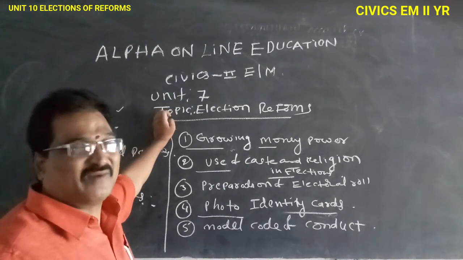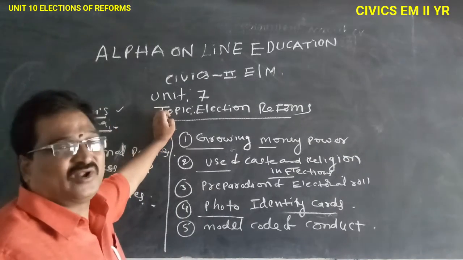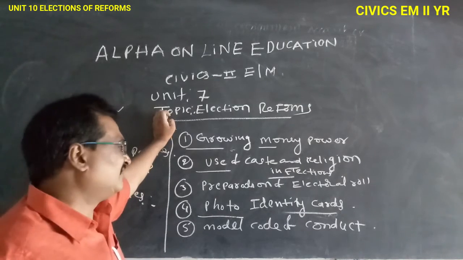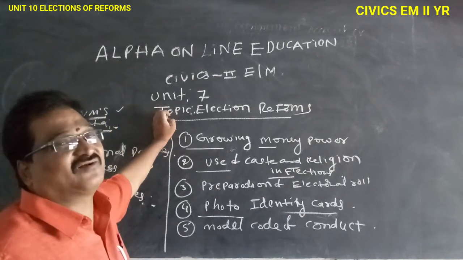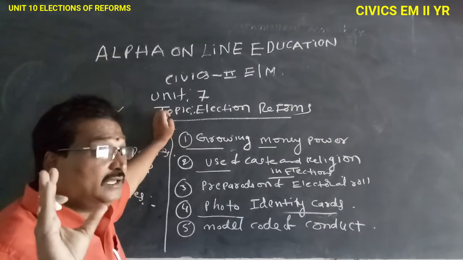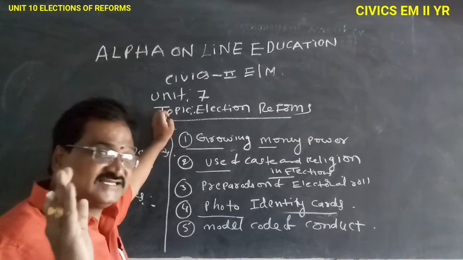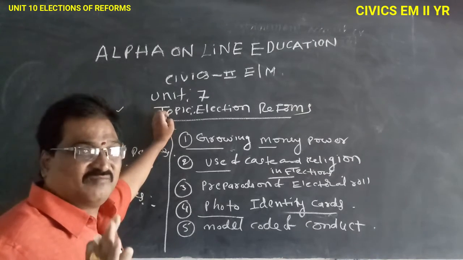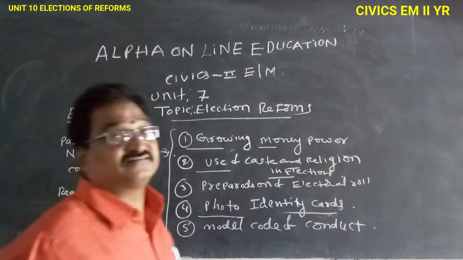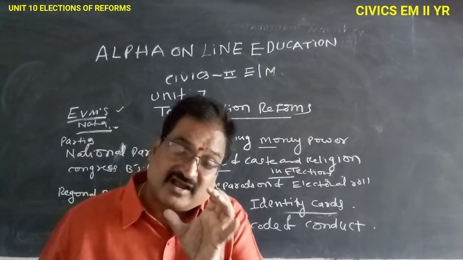So at present, money power is powerful. The people use their caste and religion at the time of voting and the preparation of the electoral rolls. At the time of preparation, recently it is strict. Completed 18 years and all. The inquiry officers visit. Yes, you are a capable person.